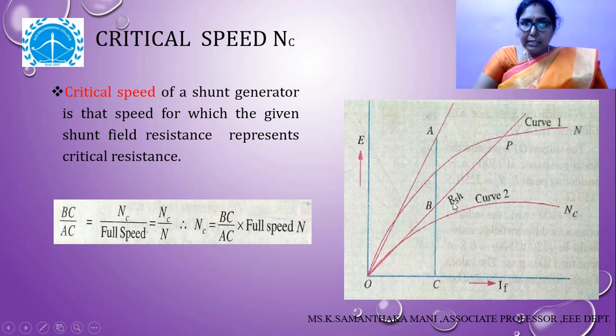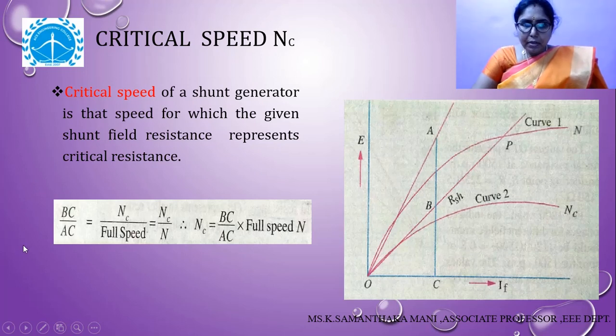In the previous slide, we discussed critical resistance, right? Here, the critical speed of a shunt generator is that speed for which the given shunt field resistance represents the critical resistance. From this, we can very easily calculate the NC value by using the formula BC by AC. BC is concerned with the second OCC curve, and AC is concerned with curve 1.